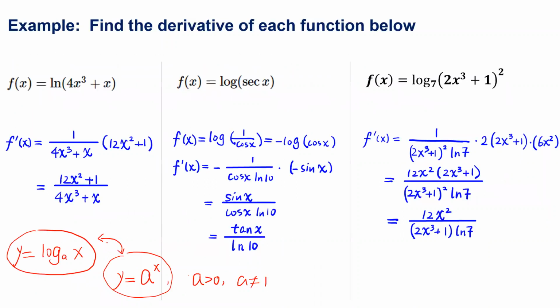Or you can also use the property of the inverse of a function, right? So now in this class, I'm going to use the second method to obtain the derivative for the exponential function here. So first of all, let's have a look at the derivatives of the inverse functions in general.